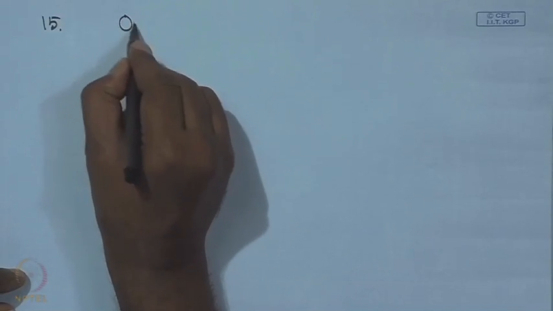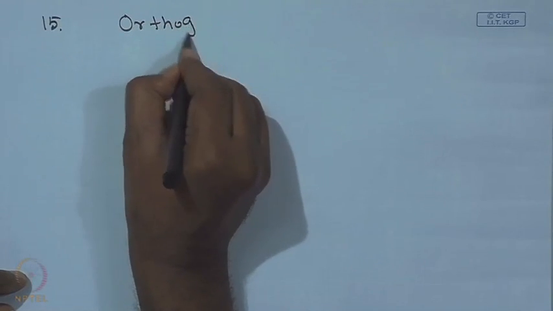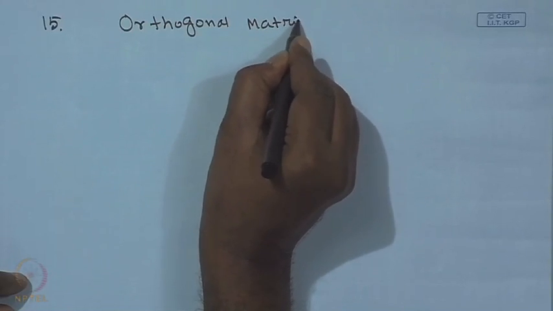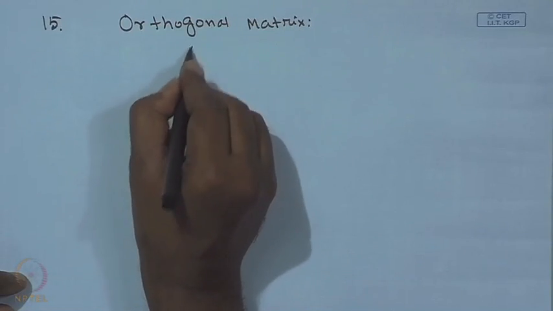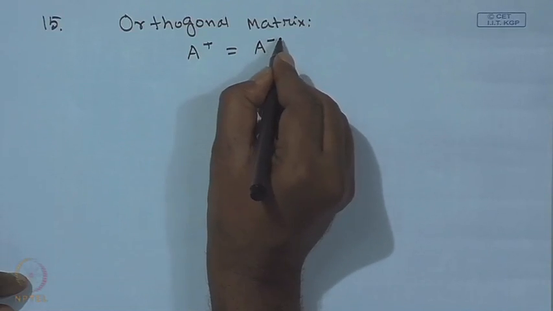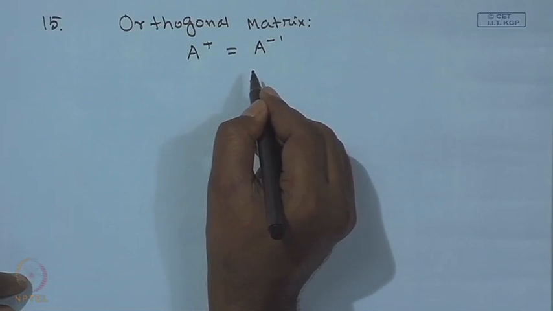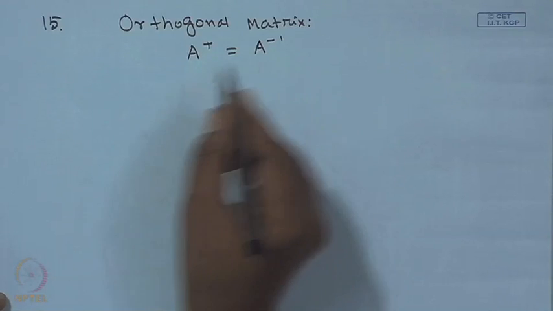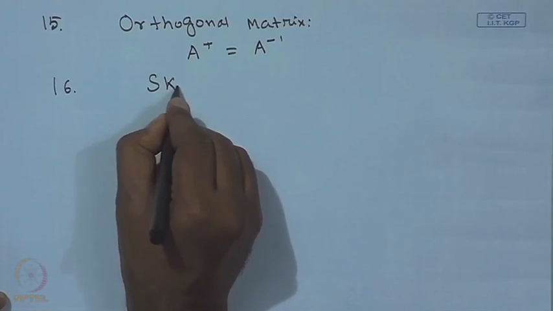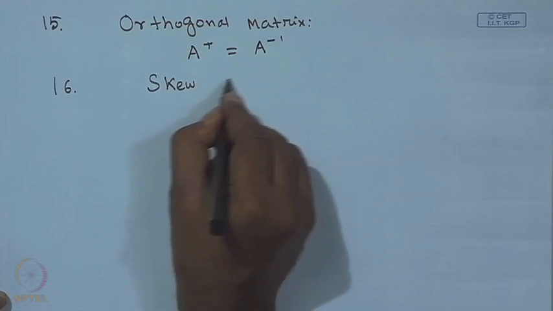Next one is the orthogonal matrix. If A transpose is equal to A inverse, then we call the matrix A an orthogonal matrix. Then we talk about skew symmetric matrix.